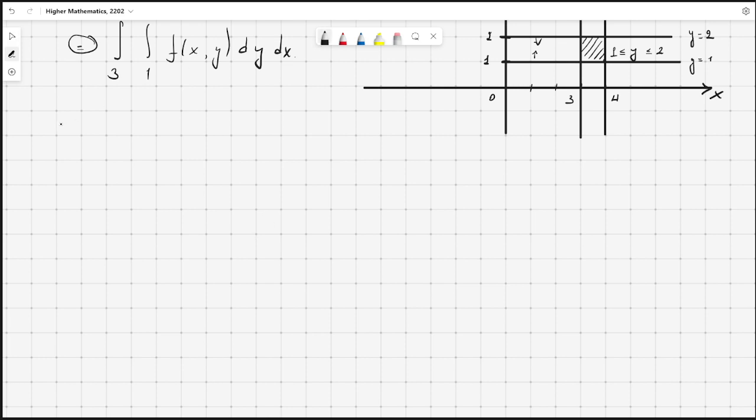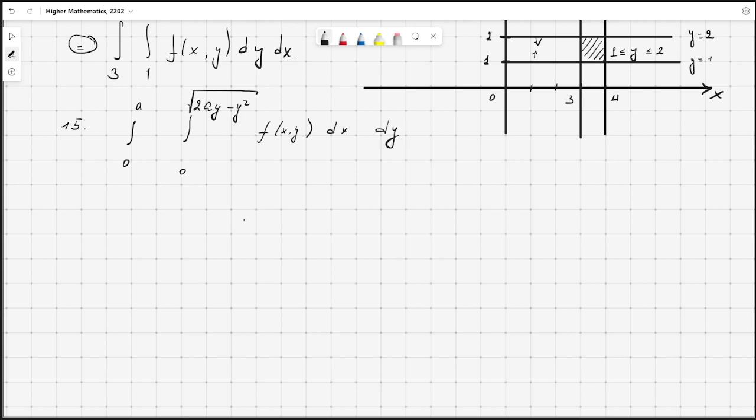Next, 15. We will have integral from 0 to a of integral from 0 to square root of 2ay minus y squared of f of xy dx dy.